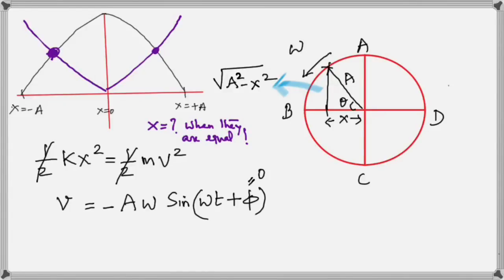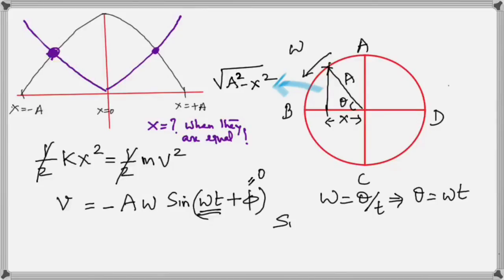Did you know that omega is theta over t, which means theta is nothing but omega times t? So this is theta. And we already said phi equal to 0. So when I ask you what sine theta is, you're looking for sine omega t, which would be opposite side by hypotenuse.